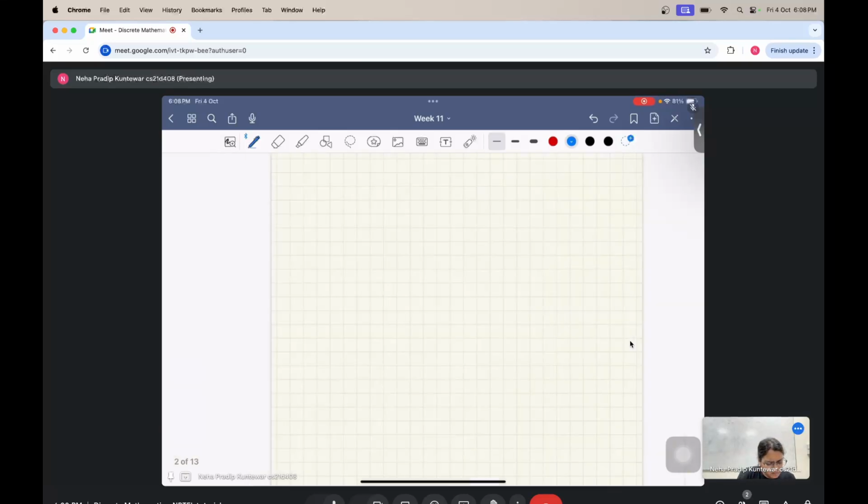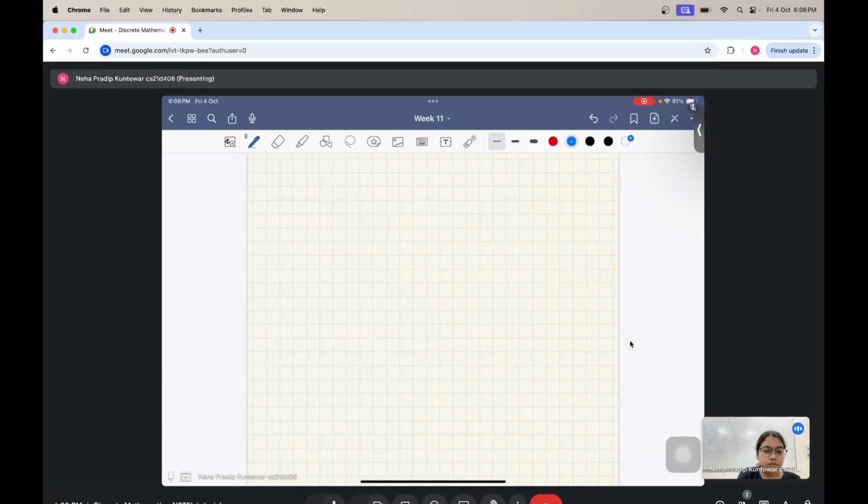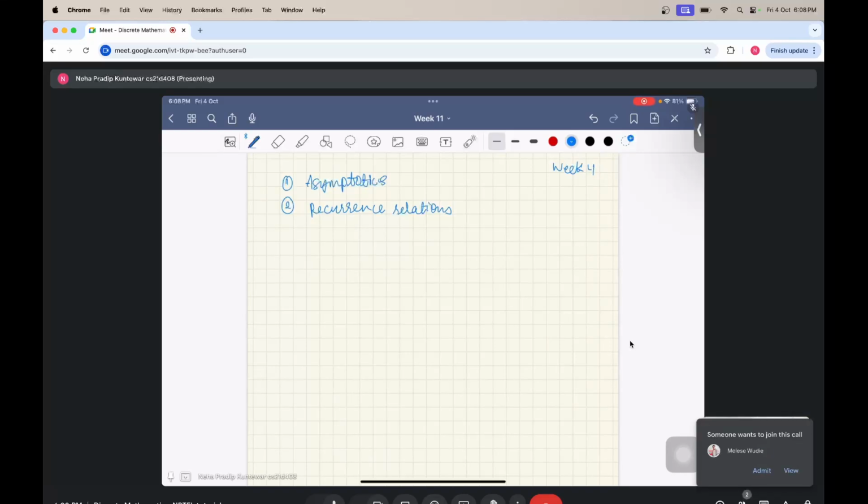So what we'll do today is look into asymptotic analysis, and we will also look into what recurrence relations are and how to formulate them given a question.